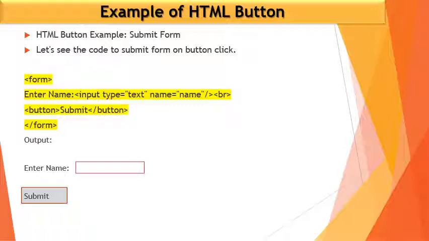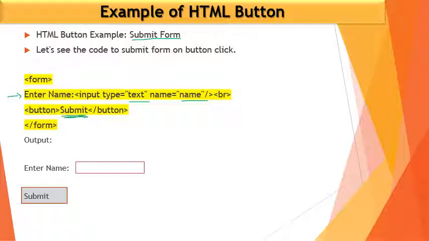Let us see the submit button example. Submit form. You can see the highlighted form is given and enter name which will be given as the input type. So enter name is simply text which will be displayed on your screen or in your browser. It is not a label, but it is directly displayed on the browser, and the text is given and the name is given, and a button is given as a submit button.